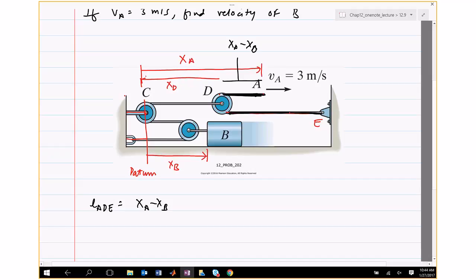I don't have variables to define that length right now, right? I know what this distance is. It's XA minus XD, but I don't know what this distance is. And there's nothing in this figure which I've drawn which would help me do that. But do I know something about this system which may help me to define another variable? So what's the distance between E and C?